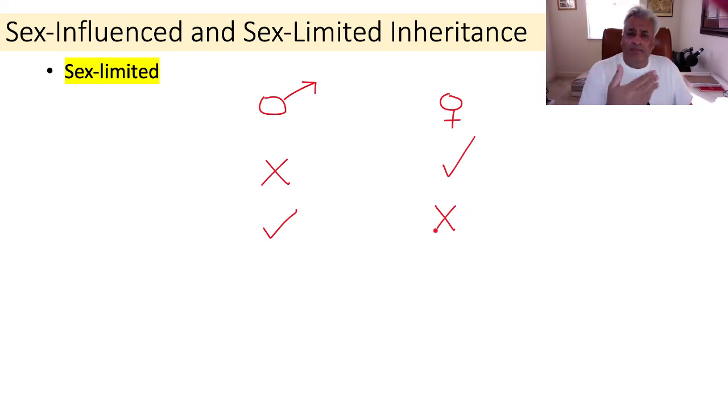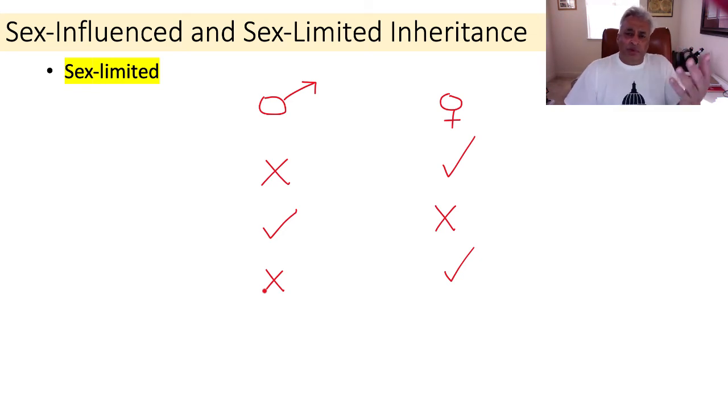And we can keep going. Breasts, right? Mammary glands. Females have them and males don't. So you can see what's going on here. The allele, or the genes, are only expressed in one sex and not the other. So that's sex limited. It's limited to one sex or the other.